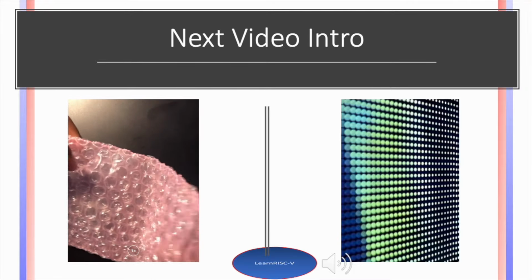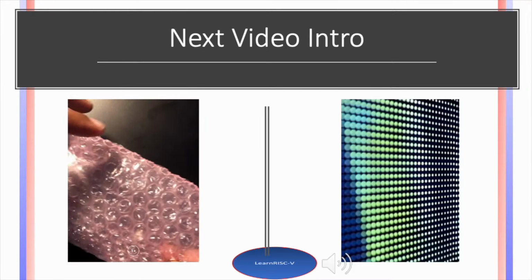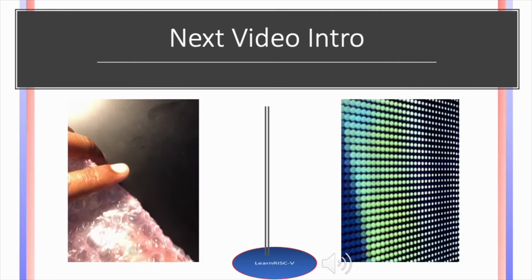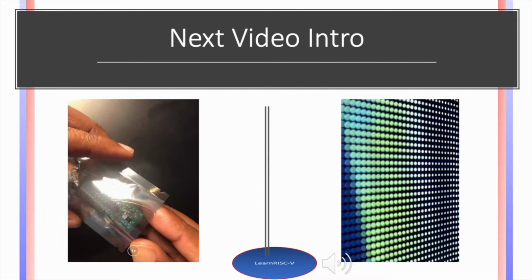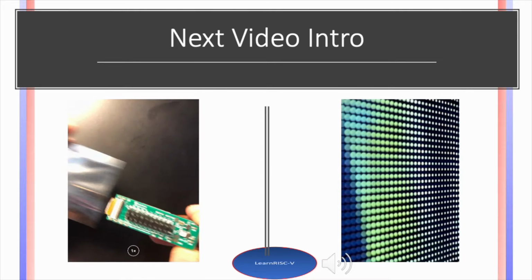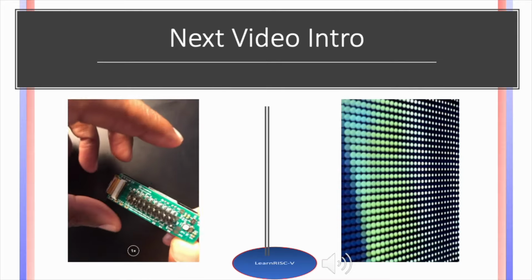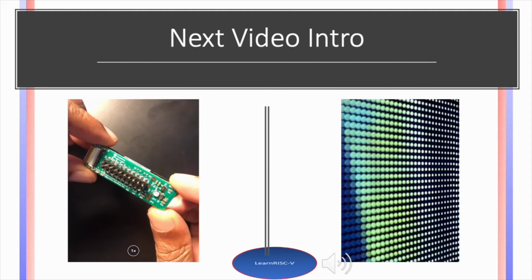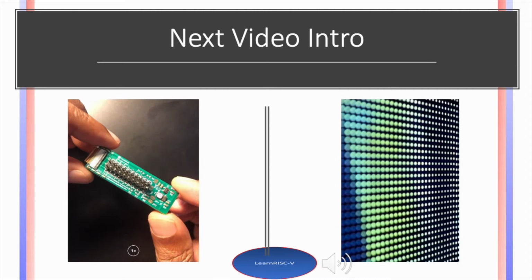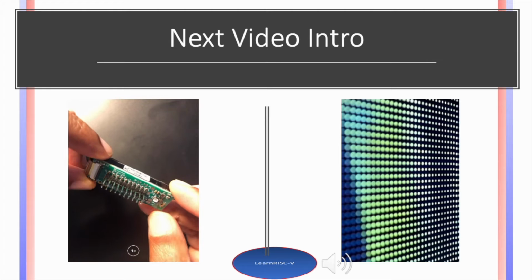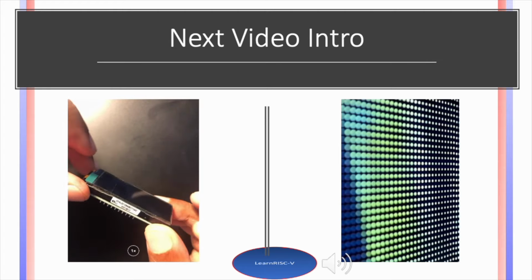Recently I have been looking for a module that I can interface with my HiFive1 Rev B board through SPI or I2C, and I came across this Crystal Fontz monochrome OLED display module.